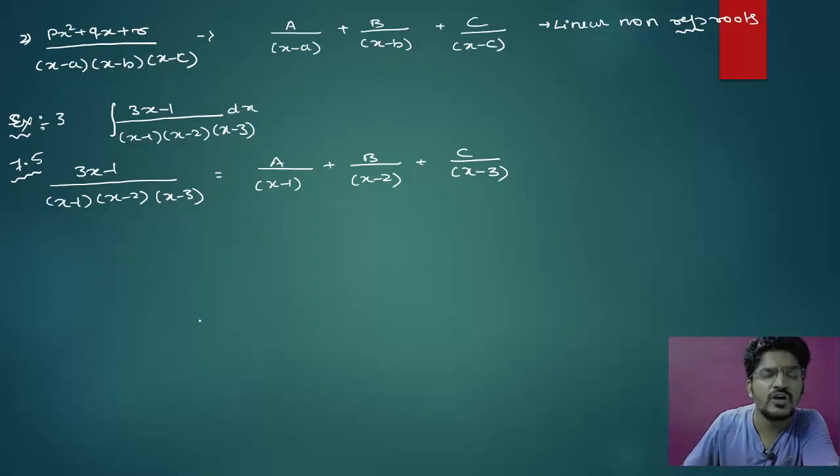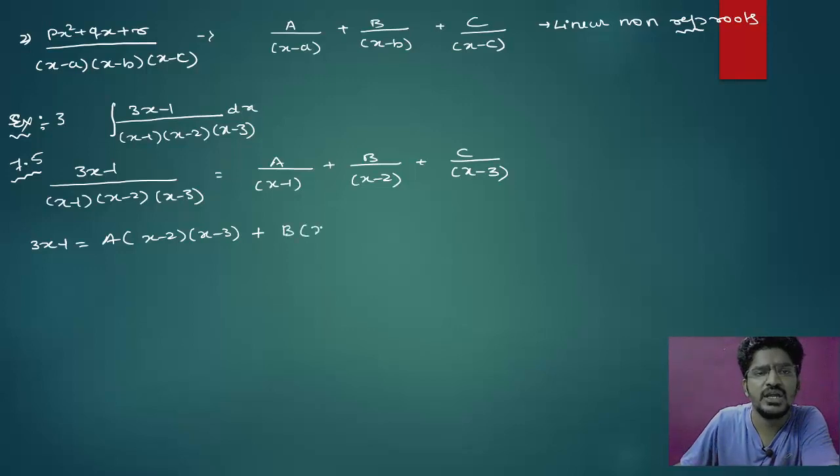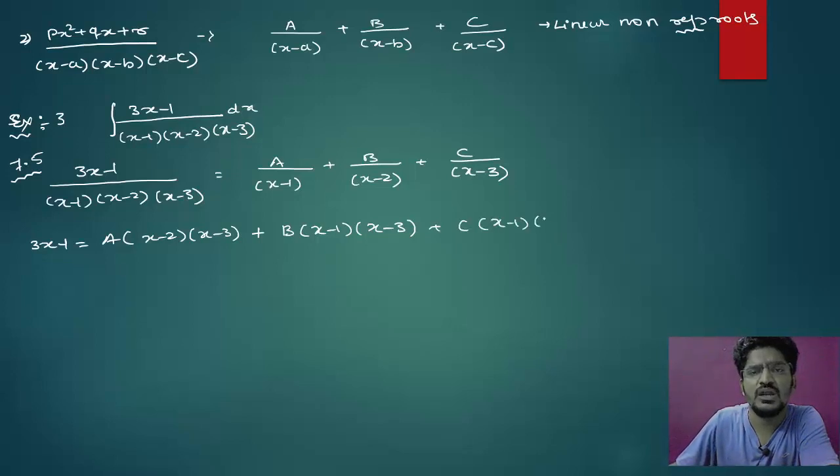So for that I can take this as 3x − 1 equal to A into, take LCM, (x − 2)(x − 3), plus B into (x − 1)(x − 3), plus C into (x − 1)(x − 2).